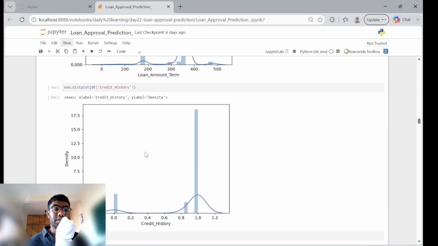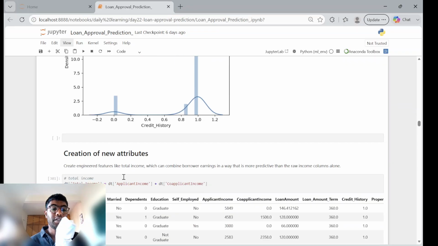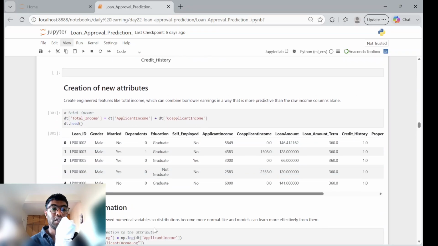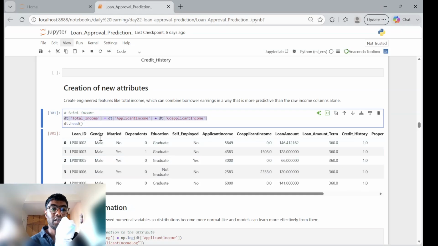So with all these, we can quickly get a visual idea of how the distribution for different features looks. And next we can create new attributes or merge a couple of attributes to make one less feature column, like we are doing here. Total income can simply be clubbed with applicant's income and co-applicant's income.